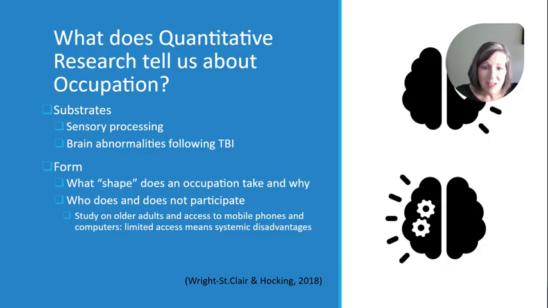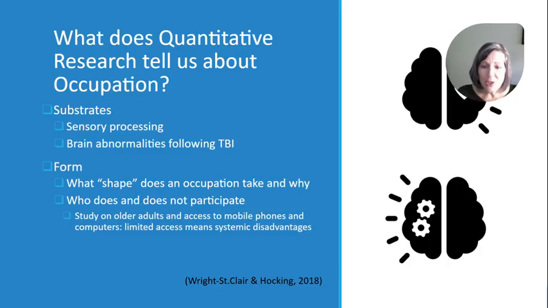A couple of examples are sensory processing and brain abnormalities following traumatic brain injury. Those are substrates. Those are body structures and body functions. They are performance skills and performance patterns that help us look at what's behind occupation. What is it that people need in order to be able to perform occupations?